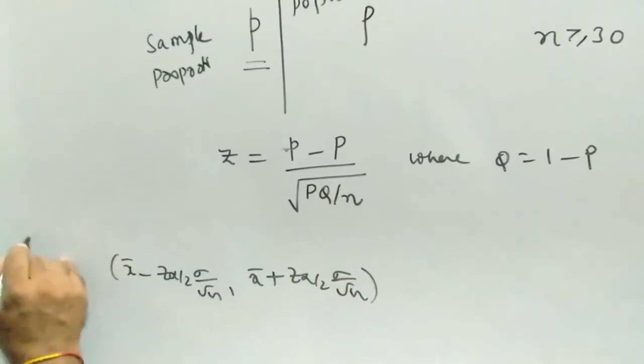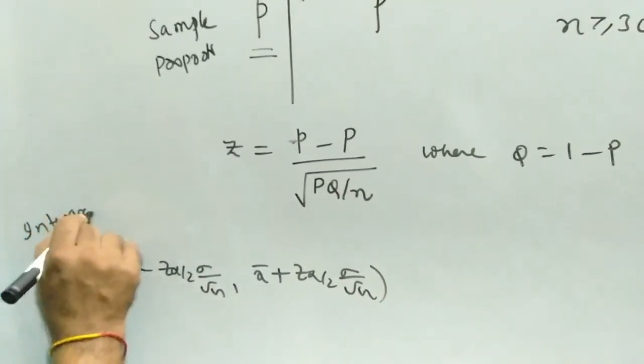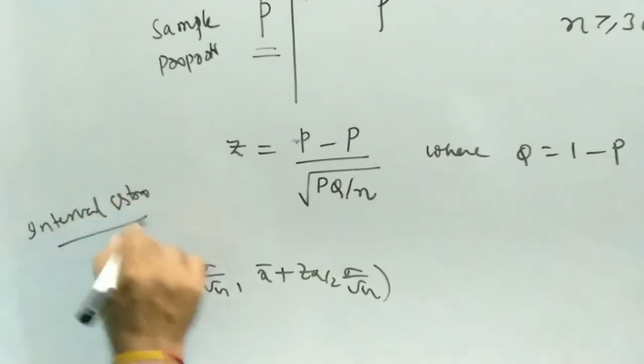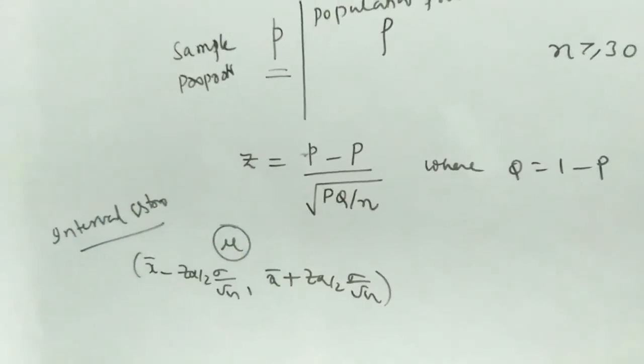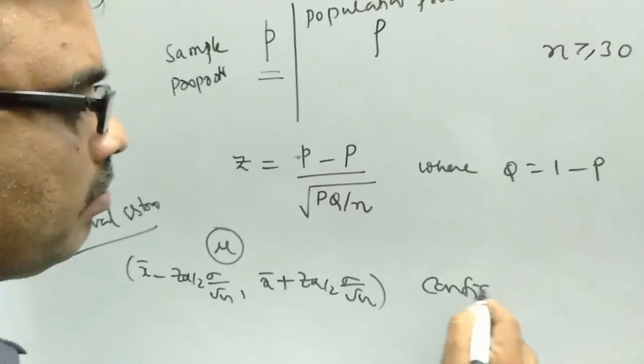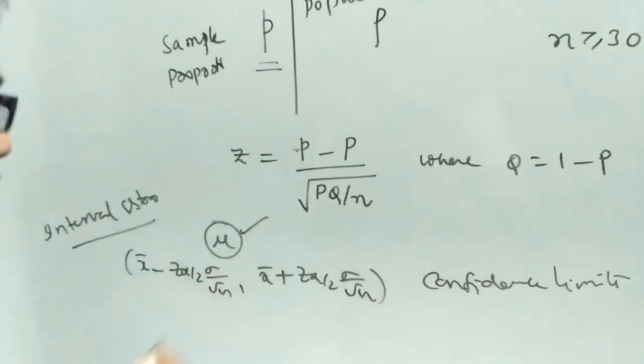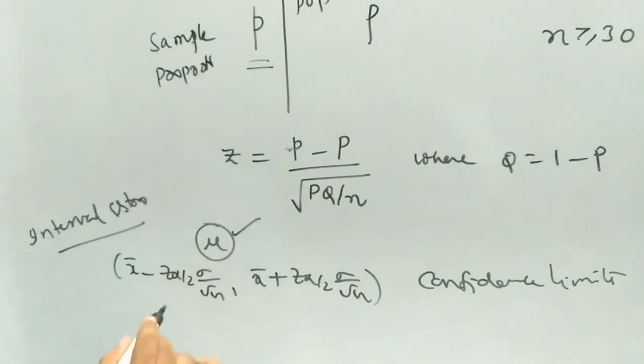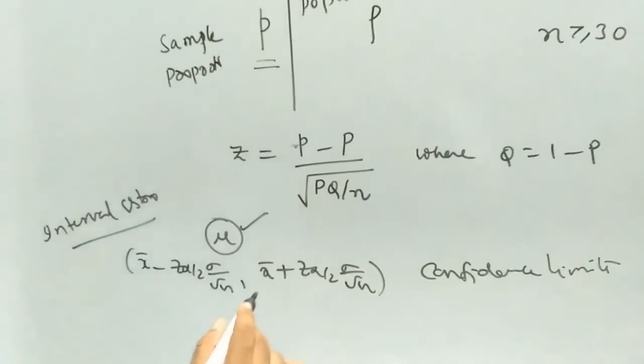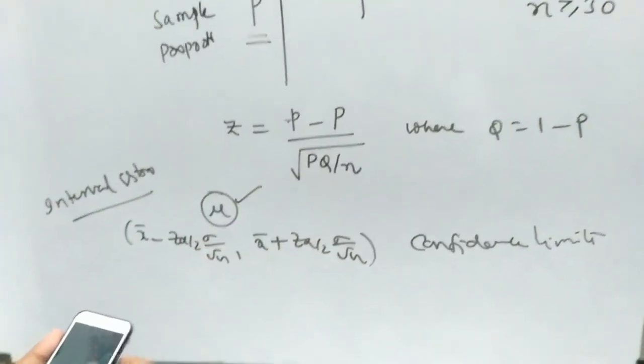So this is the interval estimation for population mean mu. దీన్ని ఏమని చెప్తా అంటే కాన్ఫిడెన్స్ ఇంటర్వెల్ అంట. The confidence limits for population mean mu are x bar minus z alpha by 2 sigma by root n and x bar plus z alpha by 2 into sigma by root n.